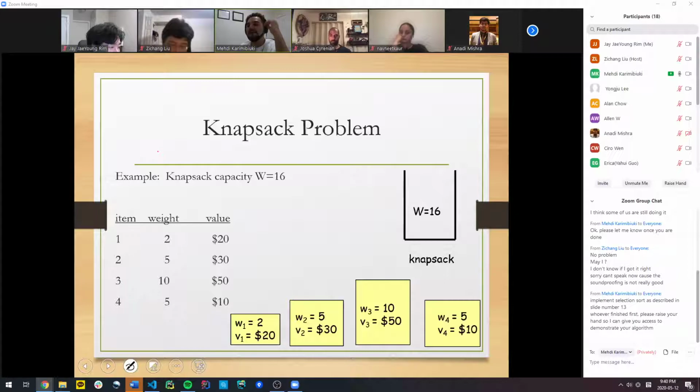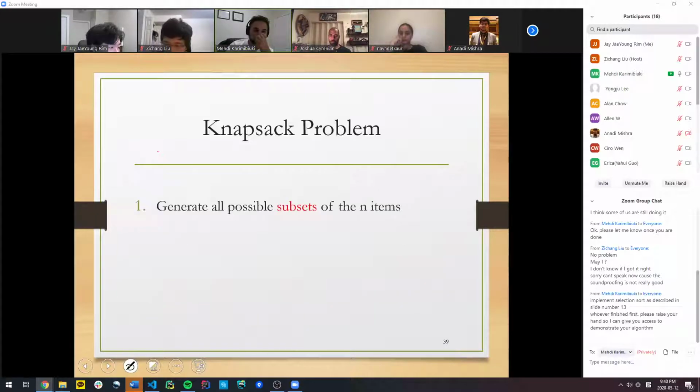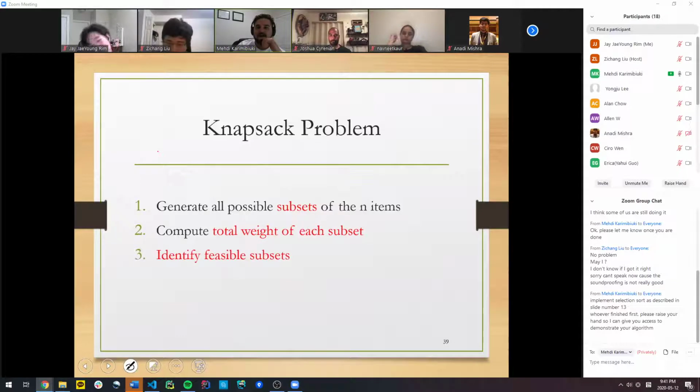In other words, we have to construct 16 subsets and calculate the total weight in there to be able to tell if it's going to fit into the knapsack of maximum 16 kilos capacity or not. So generate all possible subsets, compute total weight for each, and identify the feasible subsets. In other words, remove the infeasible ones, the ones that are not feasible.